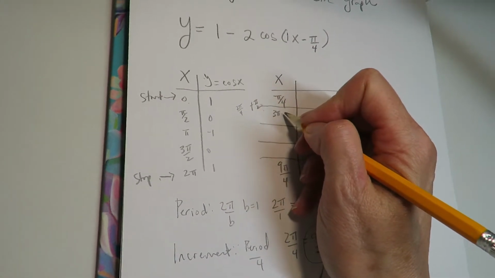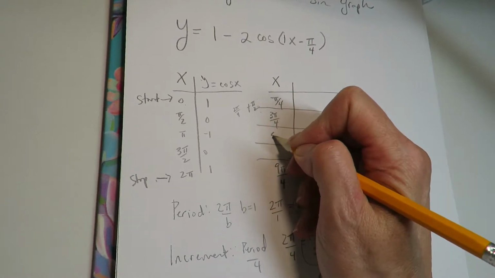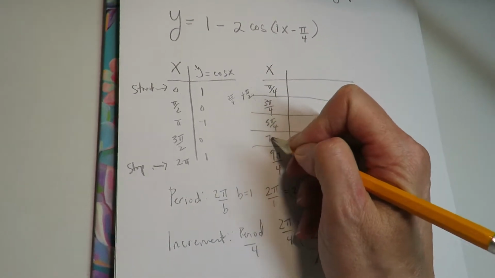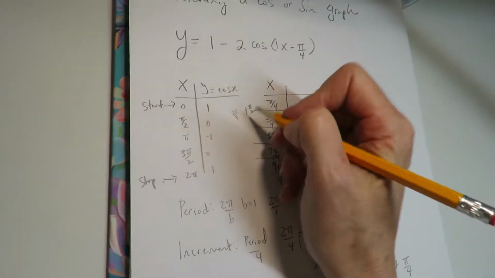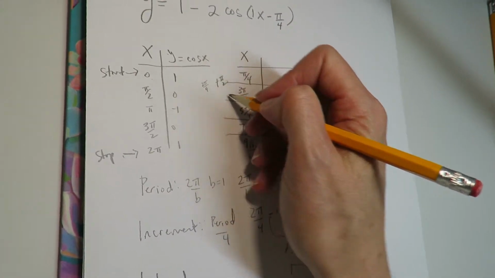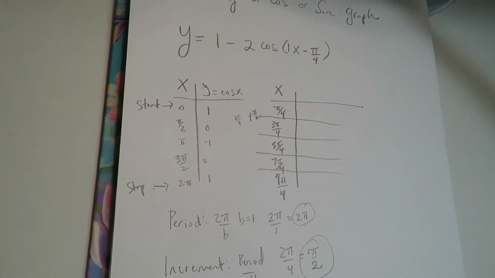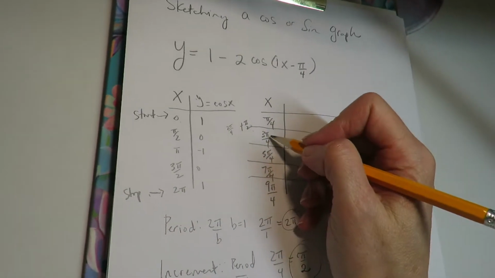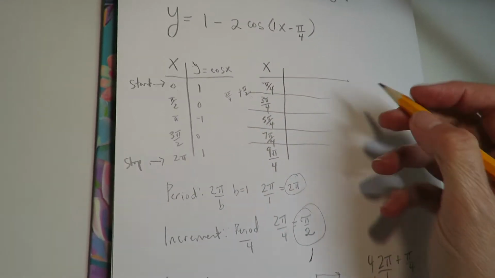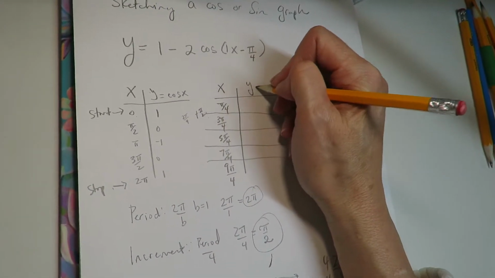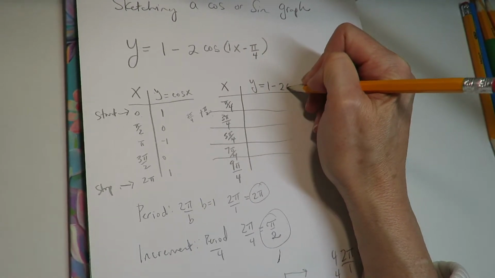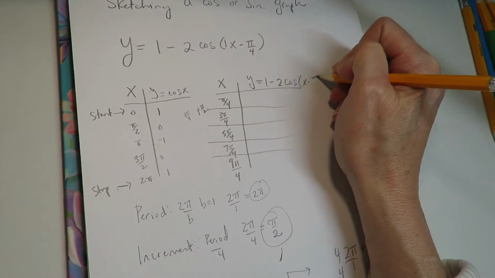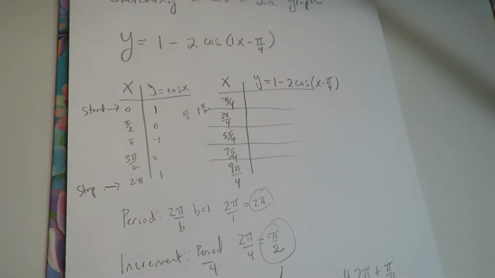Okay, so that's going to be 3 pi over 4, 5 pi over 4, and 7 pi over 4. So you have to keep adding pi over 2, which again you're going to convert to 2 pi over 4. And then you keep adding it and you'll get these numbers. Okay, let's do the other part of the table.